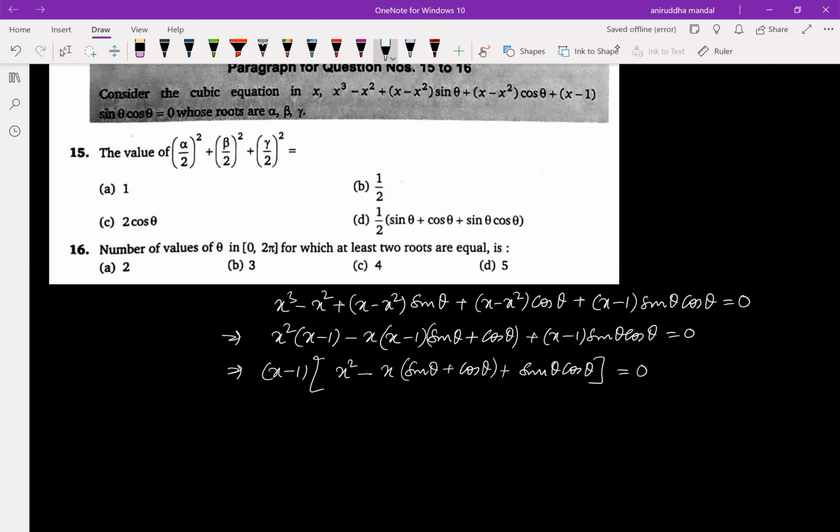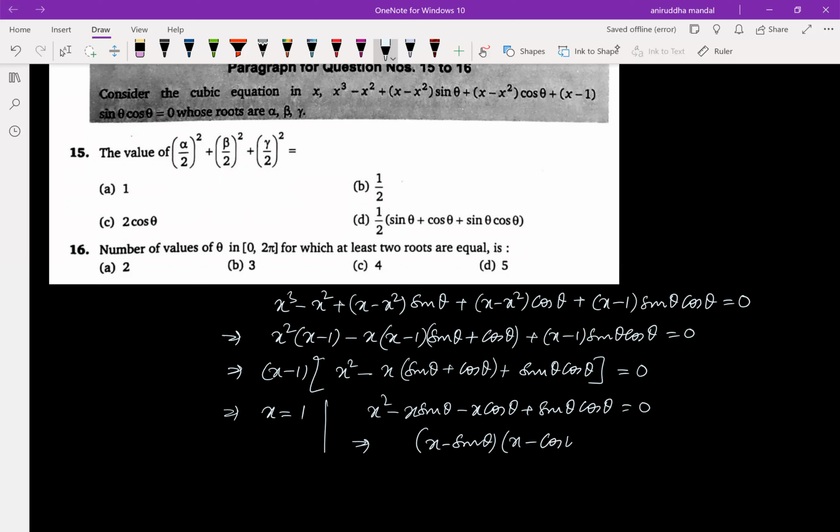Okay, so we have x as 1, and another expression is x square minus x sine theta minus x cos theta plus sine theta cos theta, which means this is nothing but x minus sine theta into x minus cos theta. Okay, so you'll get x as sine theta and cos theta.